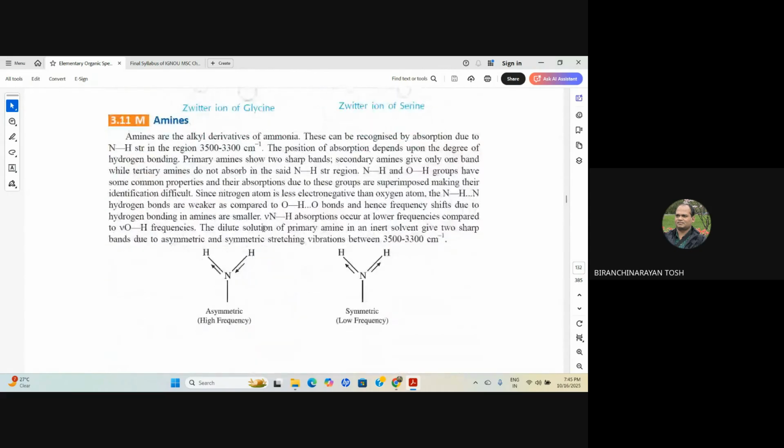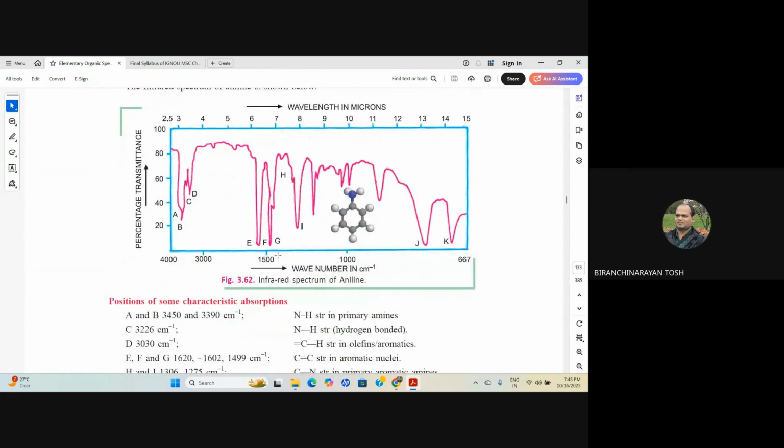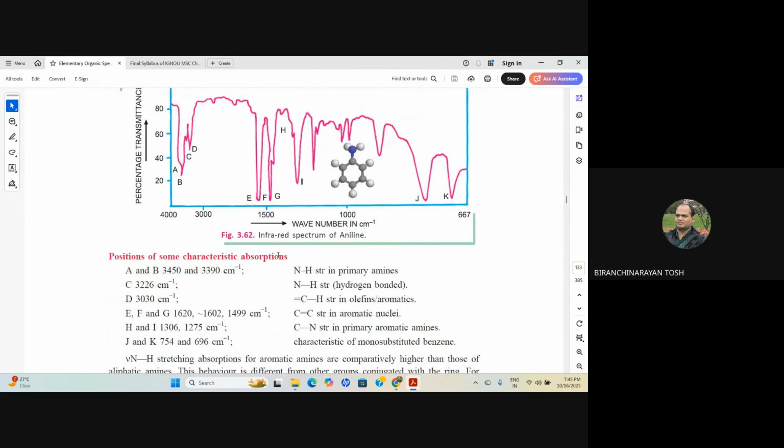So amines we have already discussed. You see, there will be no carbonyl peak; C=O stretching is not there. One thing: if you don't know the compound, there will be confusion, because C=C is coming around 1620, and C=O stretching is coming around 1700.